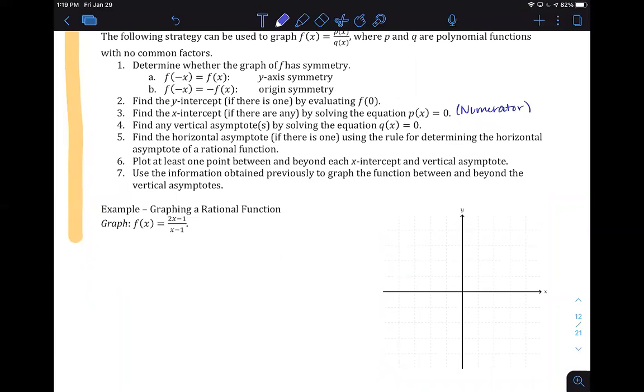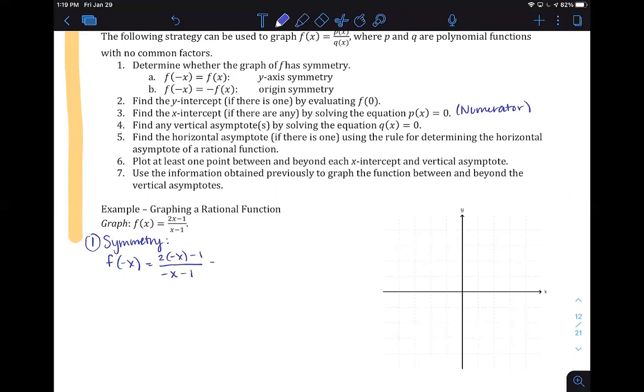We're going to review some symmetry here. So first step, looking at symmetry. We're going to plug in f of negative x. This is one of our methods we can use. If we plug that in, we have 2 times negative x minus 1 over negative x minus 1. We want to simplify and see if we get back what we started with.